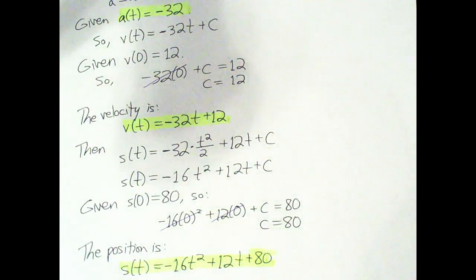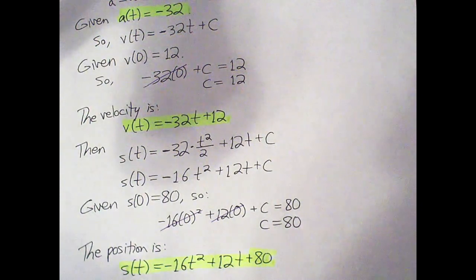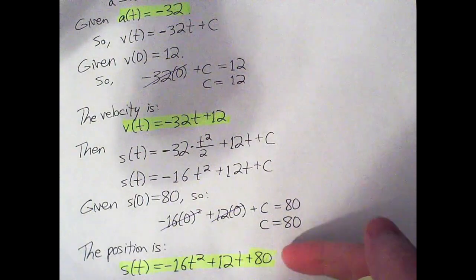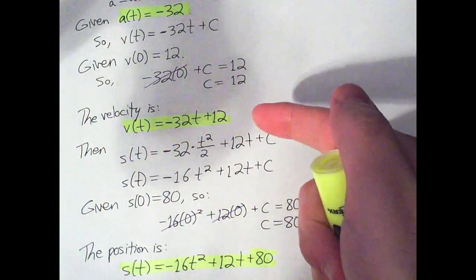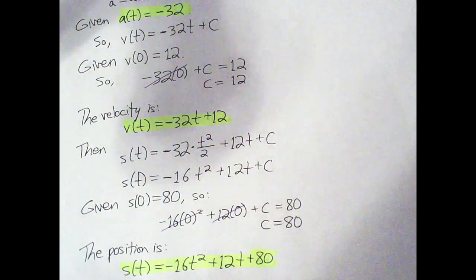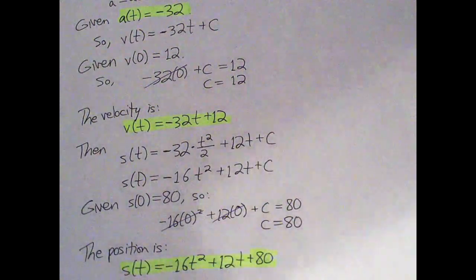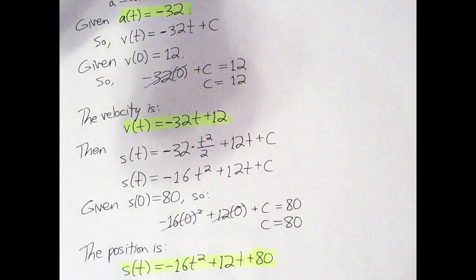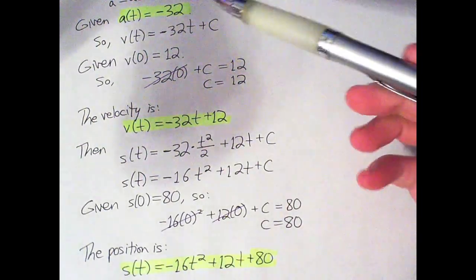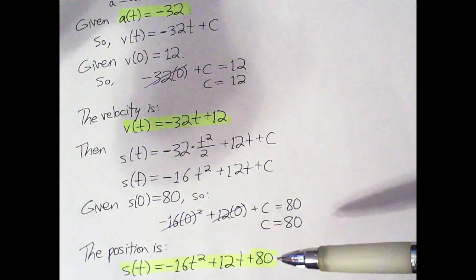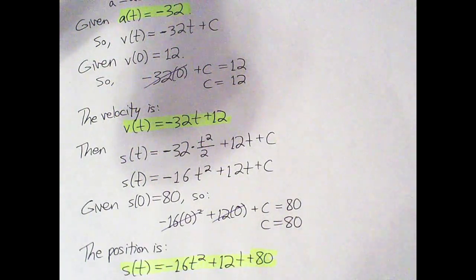First of all, you could check these by finding the derivative of the one on the bottom. The derivative of s is going to equal v. The derivative of v is going to equal a. So you can check those and make sure that checks out. Now that we have these three functions, we could answer almost any question you could think of about this package.